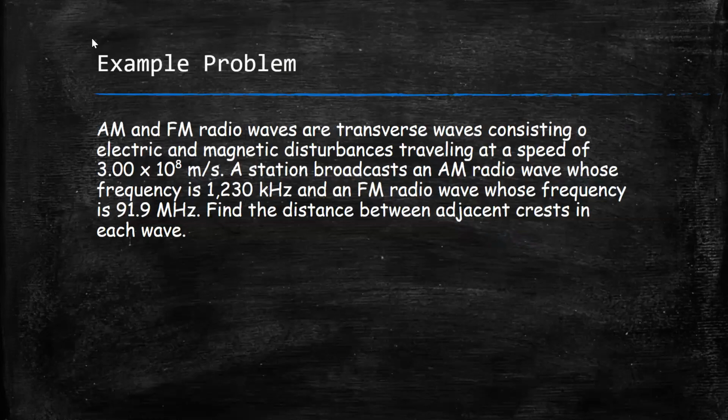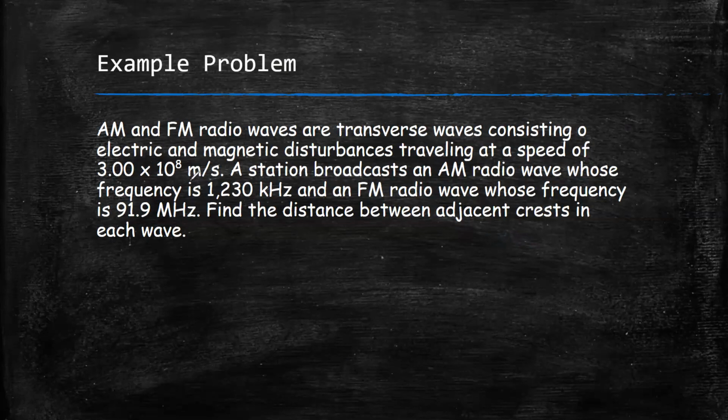For our example problem, AM and FM radio waves are transverse waves consisting of electric and magnetic disturbances traveling at a speed of 3 times 10 raised to 8 meters per second.